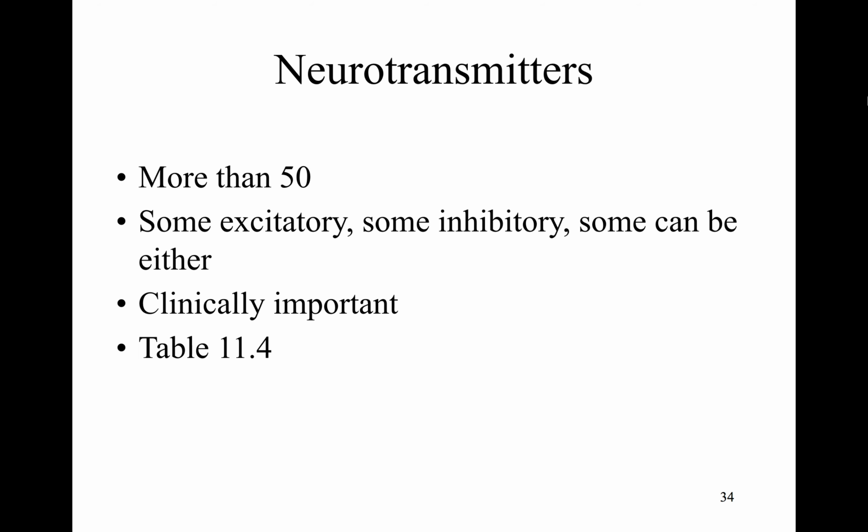In other words, that postsynaptic neuron is being hyperpolarized. So excitatory, we're potentially getting closer to threshold and eliciting an action potential. Inhibitory, we're going farther away from threshold in order to prevent an action potential on that postsynaptic neuron.